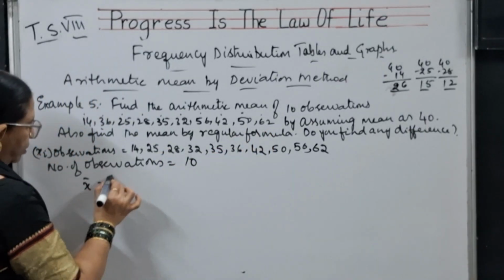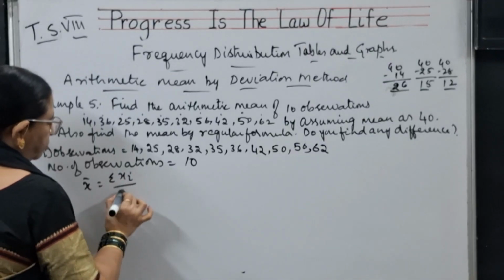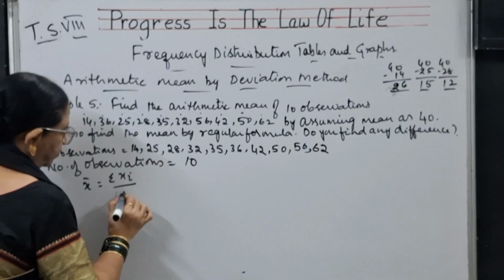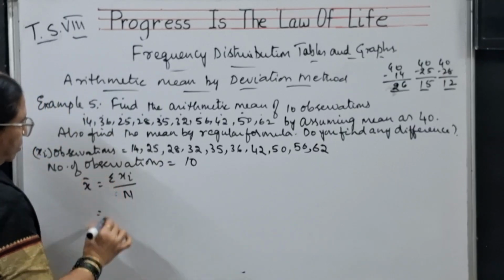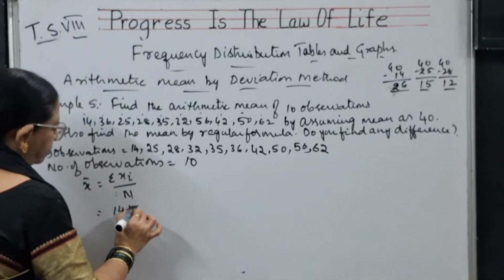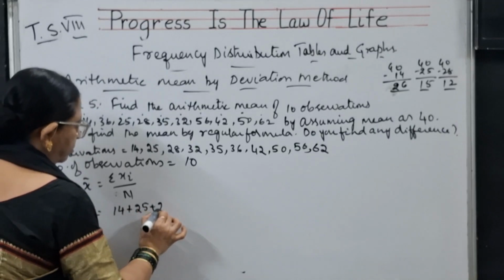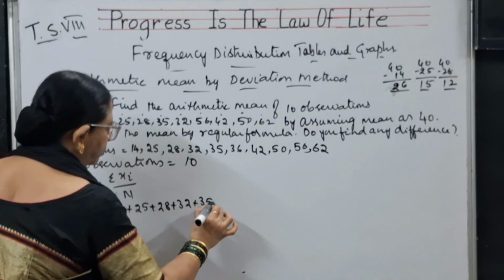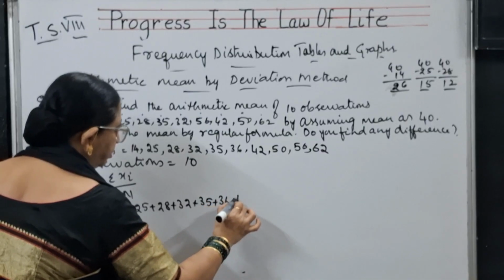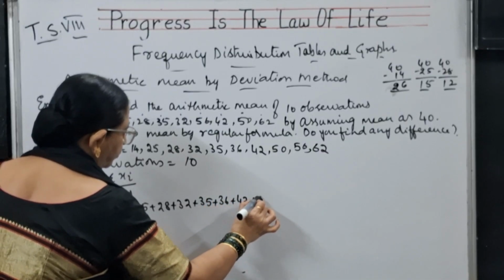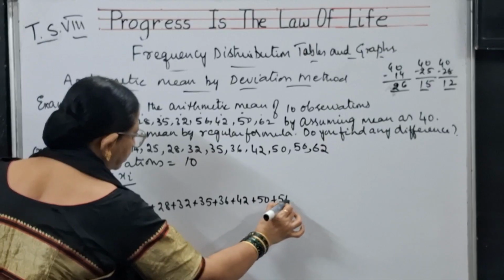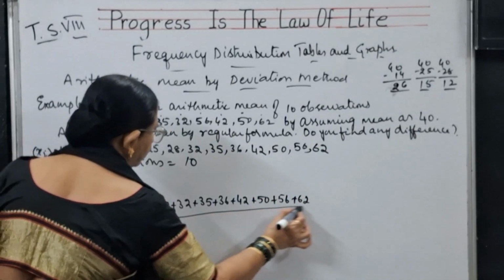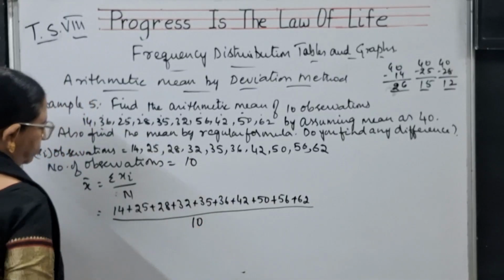So what is x bar? Sigma xi by n. What is this? 14 plus 25 plus 28 plus 32 plus 35 plus 36 plus 42 plus 50 plus 56 plus 62. This whole thing divided by 10.